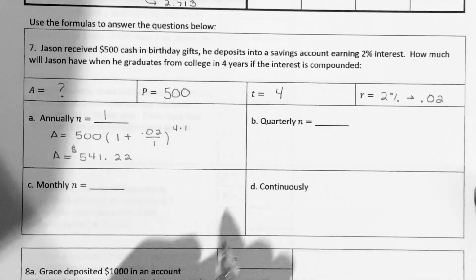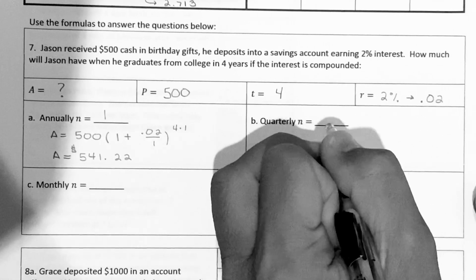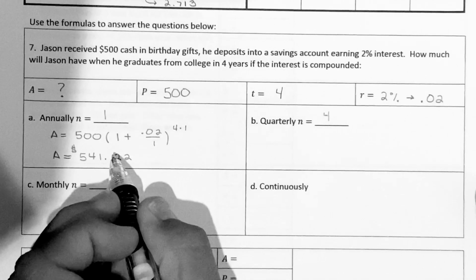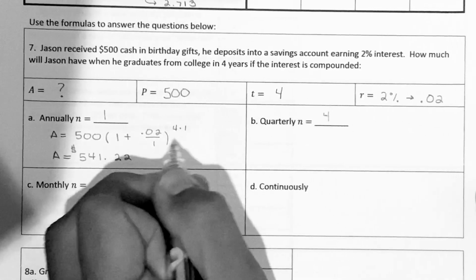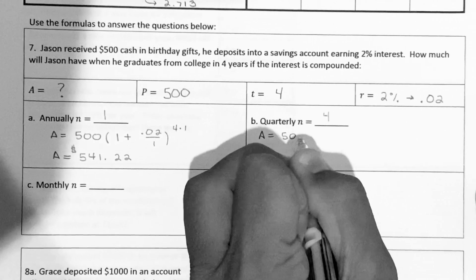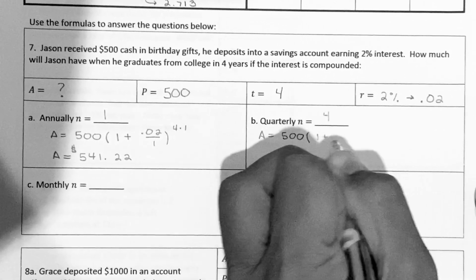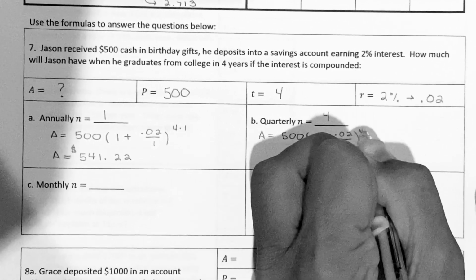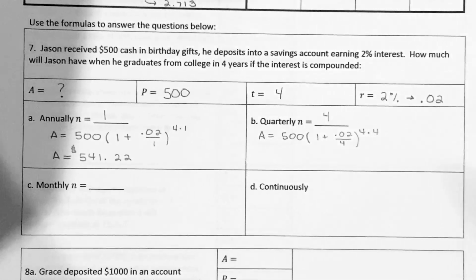So if it's compounded quarterly, now our n value, quarterly means it's happening 4 times per year. So we're going to use the same exact formula, but instead of those ones, we're using 4. A equals 500 times 1 plus 0.02 divided by 4, raised to 4 times 4.